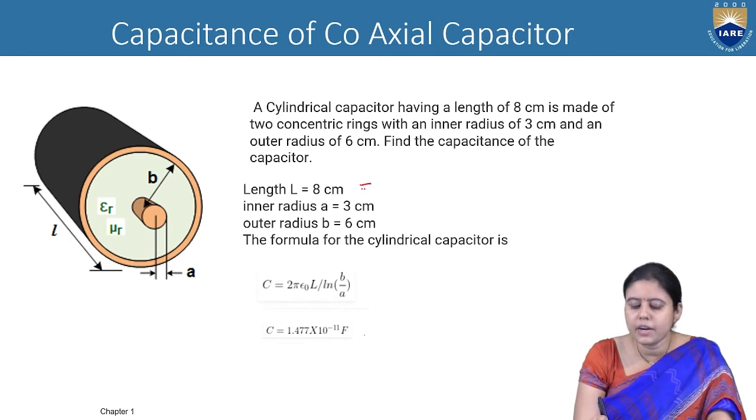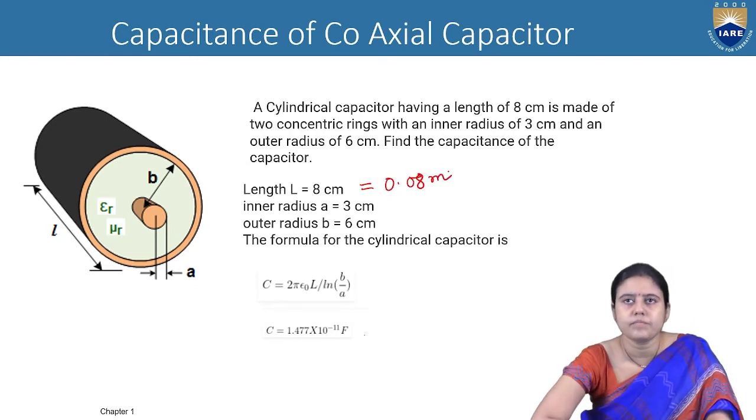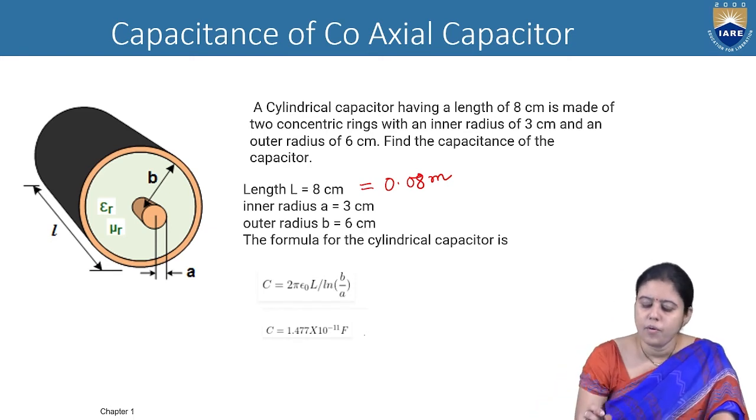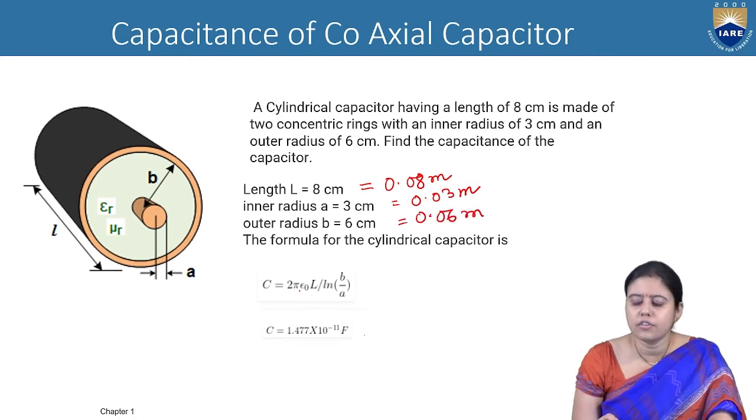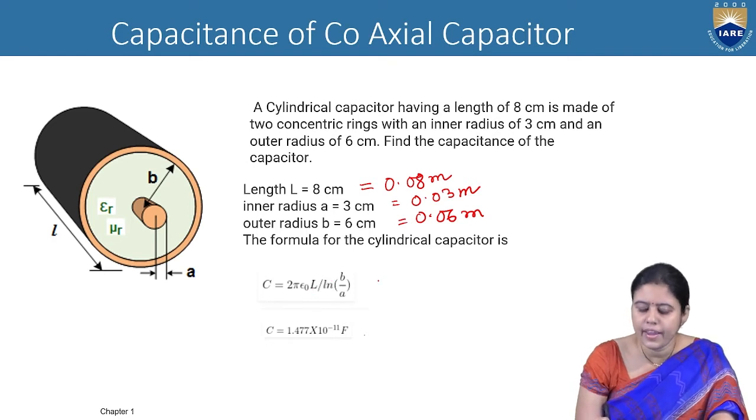So 8 centimeter means 0.08 meter. A is 0.03 meter, and B is 0.06 meter.